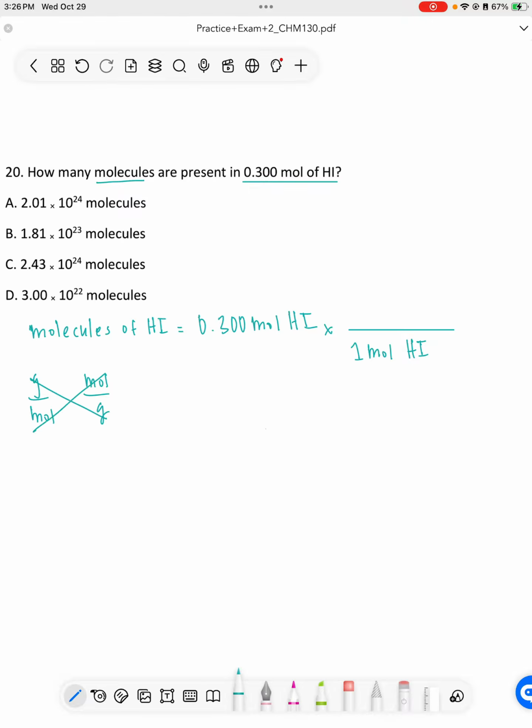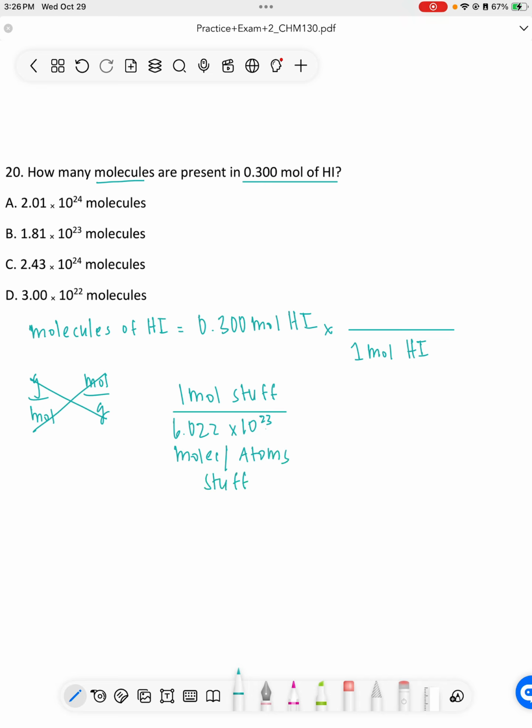We don't need these. Another conversion that we know is that in 1 mole of stuff, so 1 mole of anything, there are Avogadro's number of atoms or molecules of that stuff. So in 1 mole of stuff, we know there's this many molecules or atoms of that stuff.